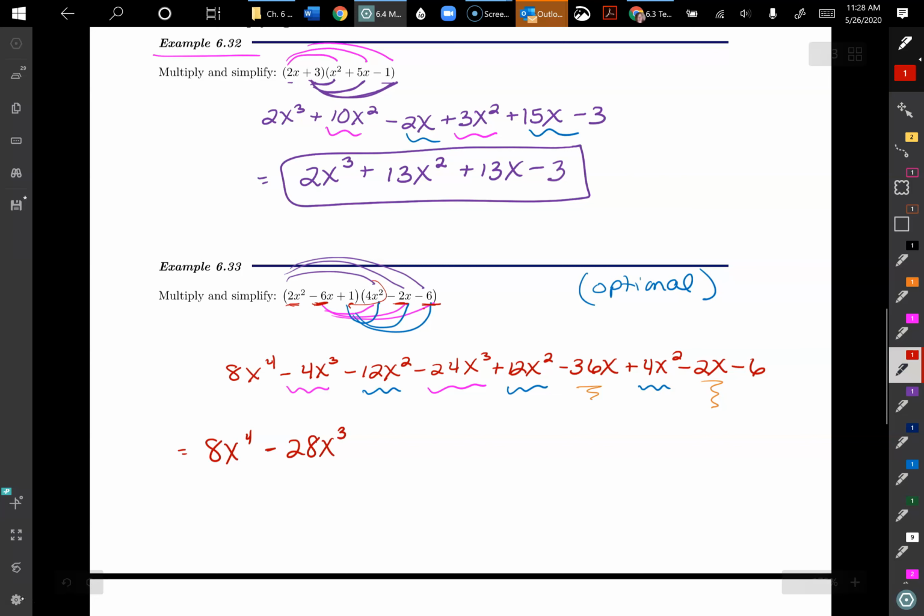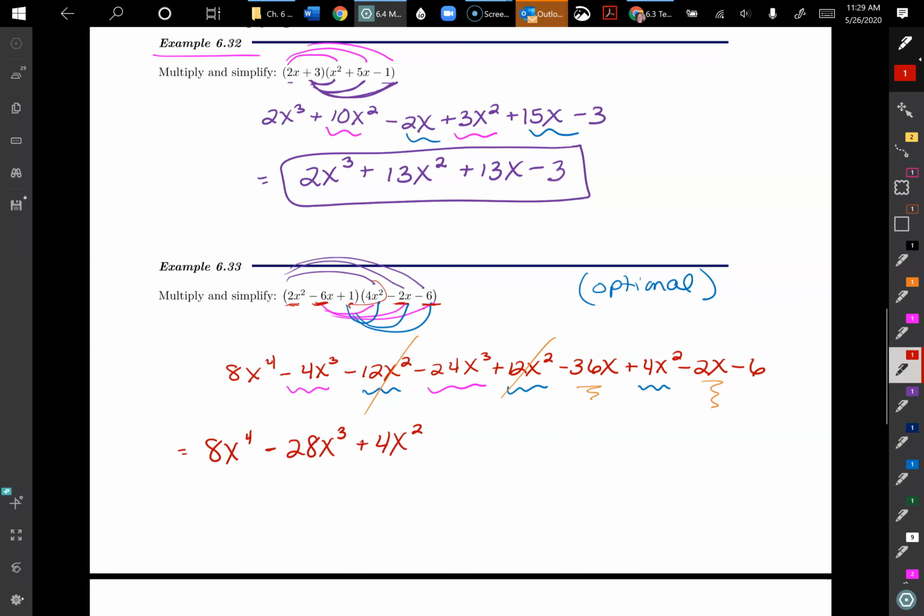Then I have minus 12x squared plus 12x squared. That's nice. That gives me 0. So I don't need that one. Those literally just cancel out. So I've done those. Now I have the 4x squared. So that's got to be there as well.